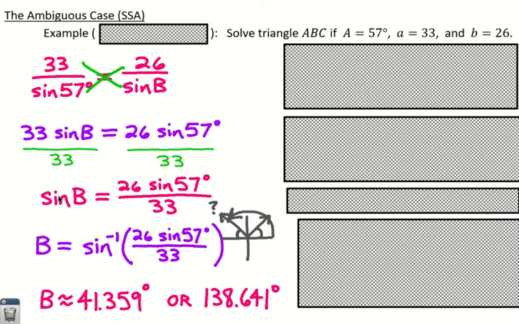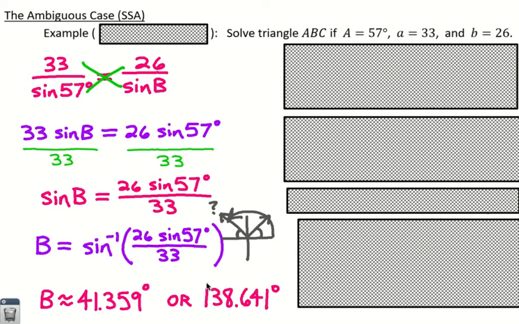When you have the sine of something equals an answer and you want to figure out the angle, remember from last unit, technically there's an infinite number of answers, but you start with, in this case, the quadrant 1 answer and the quadrant 2 answer, right?